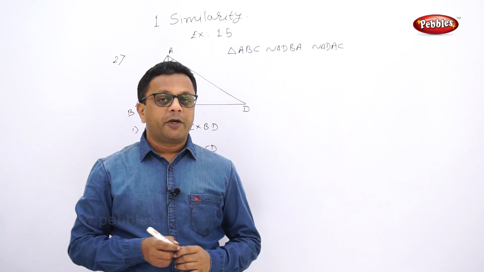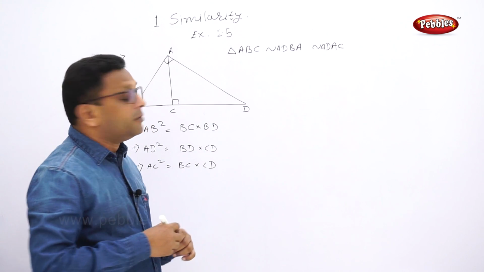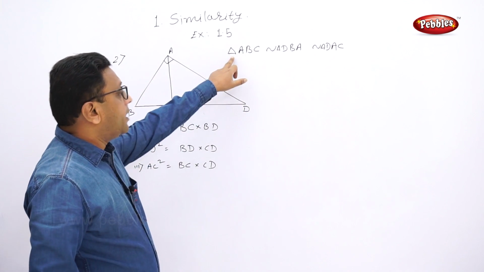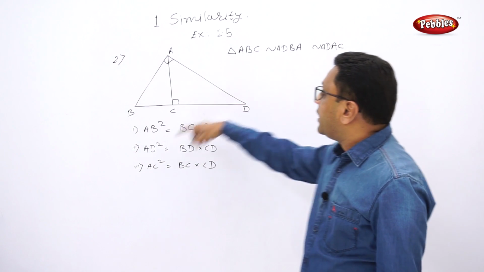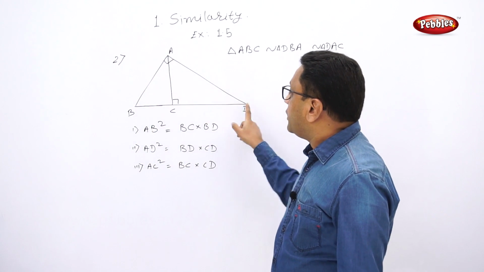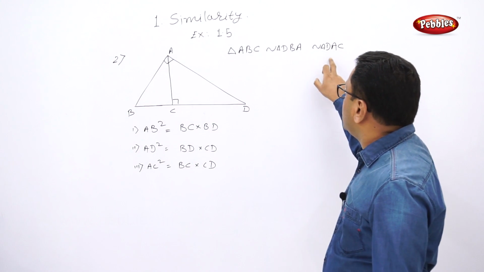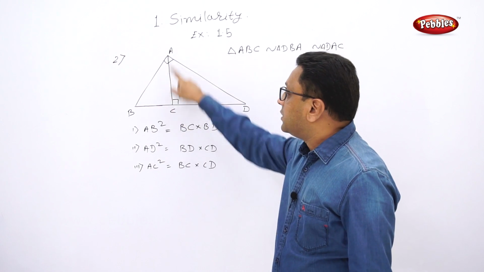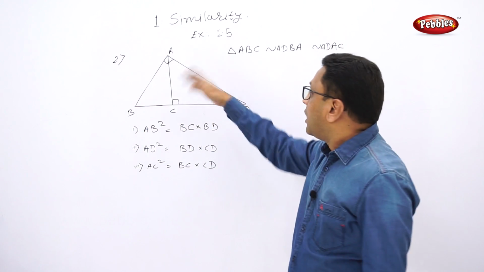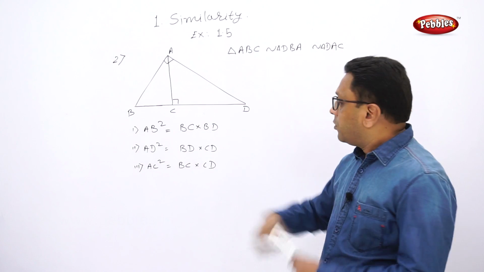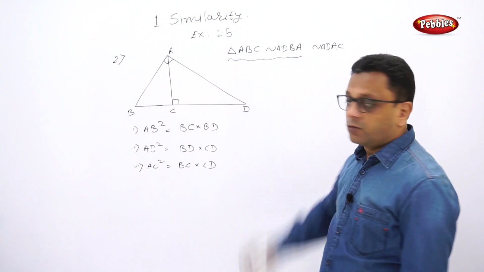So the first statement you have to write is that by the similarity in right angle triangles, triangle ABC is similar to triangle DBA. This smaller triangle is similar to DAC. These two small triangles and one bigger parent triangle are similar to each other. Now for proving the first, we have to take the first two.